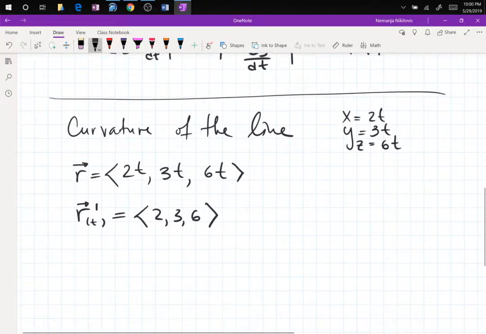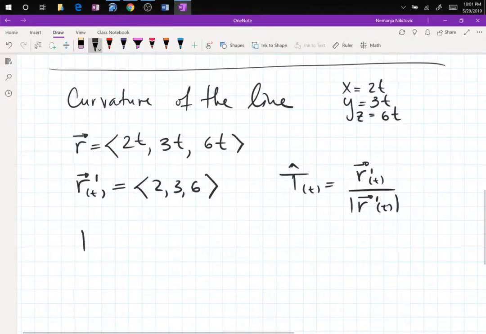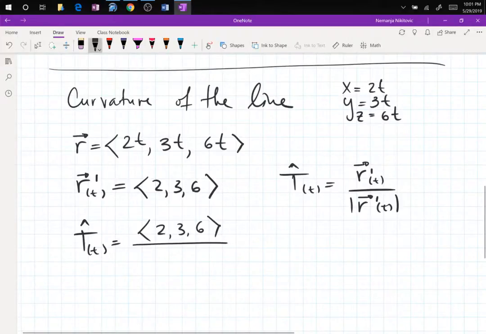And we know that our unit vector T is the r prime vector divided by the magnitude of the r prime vector. So T hat is going to be the vector 2, 3, 6 divided by the square root of 2 squared plus 3 squared plus 6 squared.